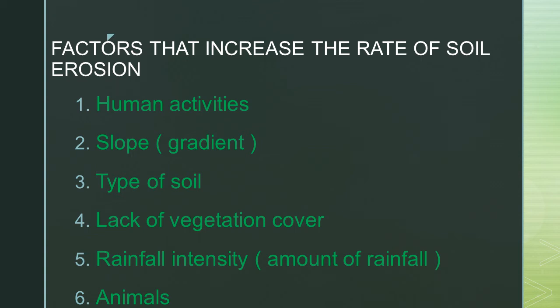Number 4, lack of vegetation cover. When we talk about lack of vegetation cover, it reduces the impact of heavy raindrops on the topsoil and also acts as windbreakers. Plant roots also hold soil particles in place.